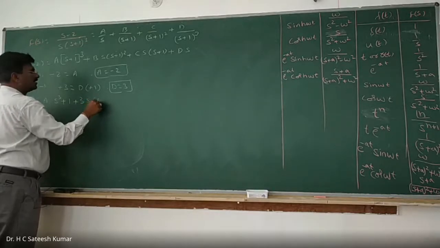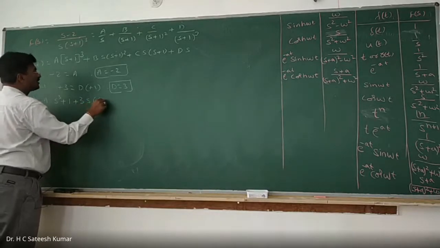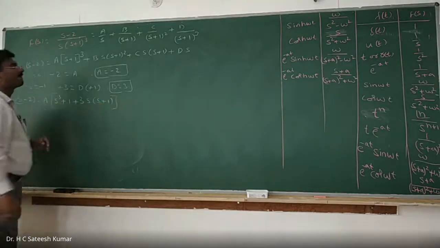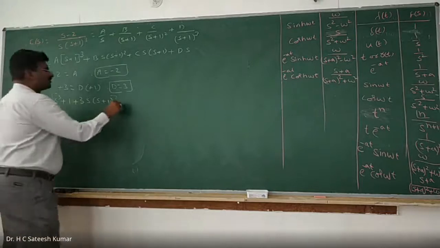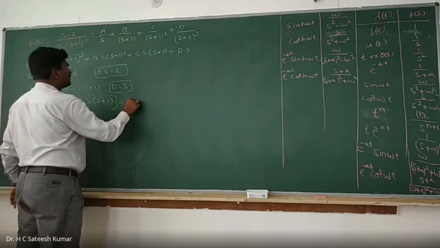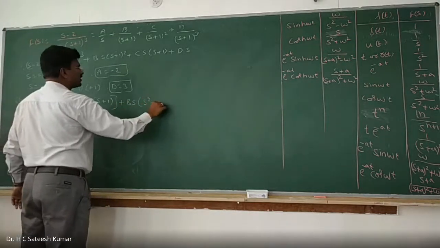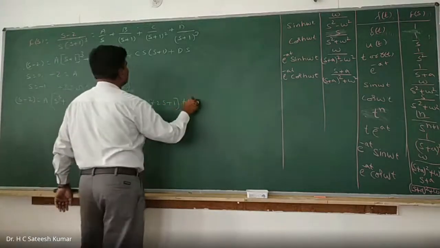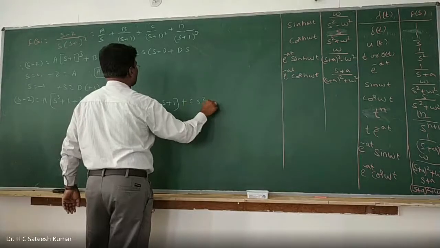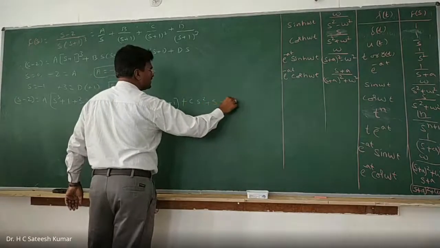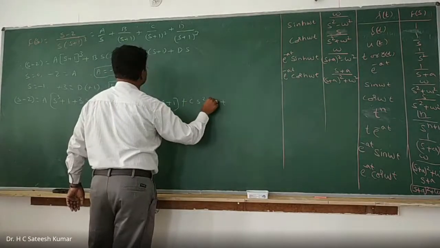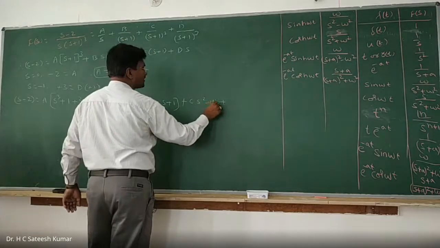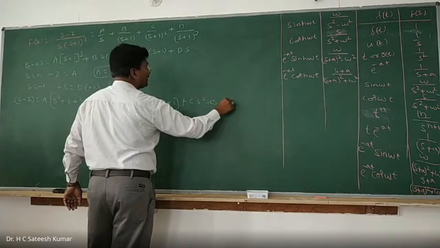Plus B into S into S square plus 2S plus 1, plus C into S square plus S, plus D into S. So B S cube plus 2B S square plus B S, C S square plus C S, plus D S.